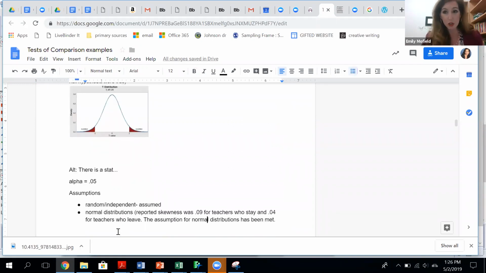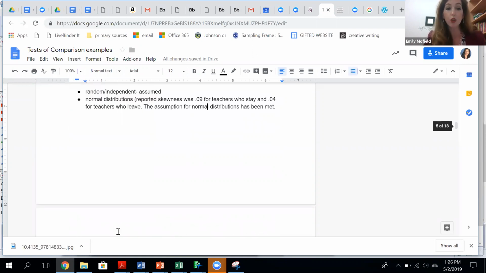Your assumptions for an independent t-test: the first assumption is always that this data set is from a random sample, that I picked these people out of a hat or used a table of random numbers to achieve my sample. Then for normal distributions, you look at skewness and kurtosis.